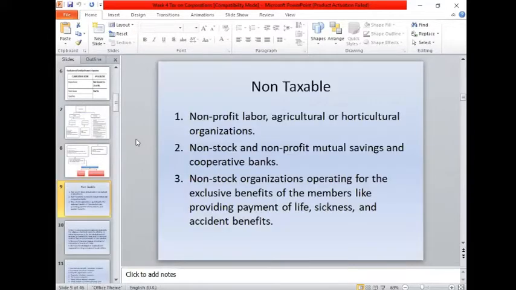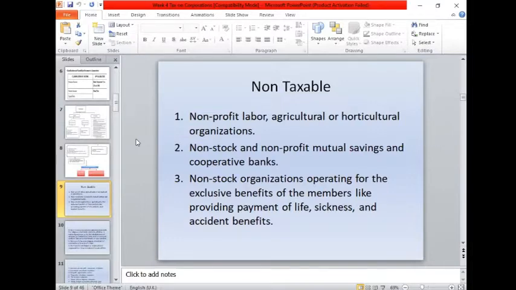And what are the corporations which are non-taxable? Please take note that there are some corporations whose income or proceeds are non-taxable or not subject to corporate tax. What are those corporations? Of course, the non-profit organizations, such as labor, agricultural or horticultural organizations, and the non-stock and non-profit mutual savings and cooperative banks.